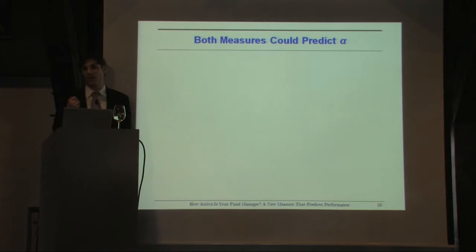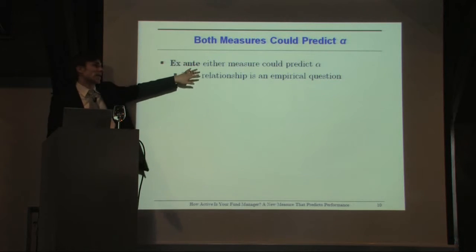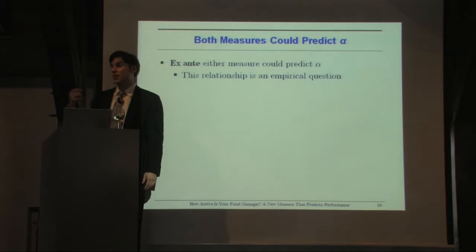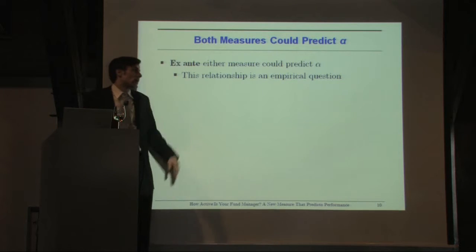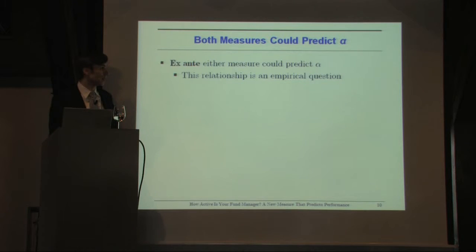That's the bottom line investors obviously care about. Ex ante, we really don't know how different types of active management are related to fund performance. That's a purely empirical question that we undertake in this study.